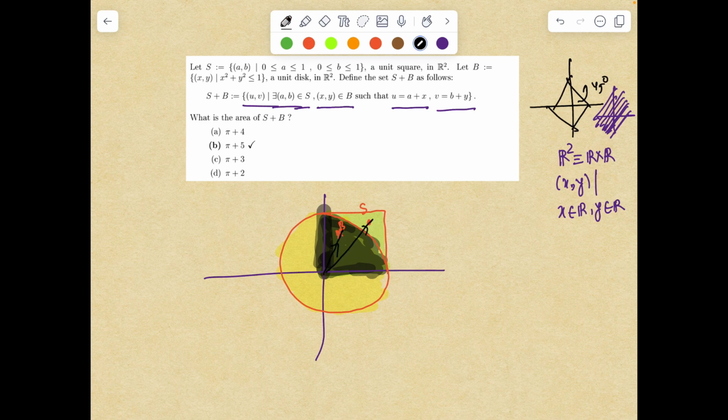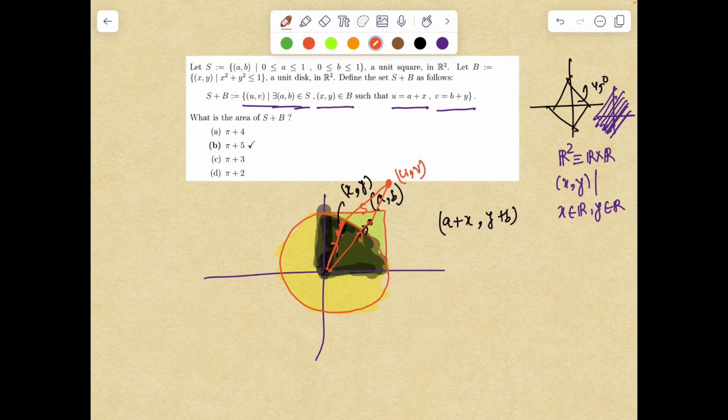The reason being, the coordinates of S, let's say it is (a, b) within the square, and for the circle let's call that point (x, y). If I add, the u coordinate will be the addition of the x coordinates, a plus x, and the y coordinate will be y plus b. That's nothing but, by the law of parallelogram, the sum total of these two lengths. So if I add these two lengths using a parallelogram, I'll get this new point (u, v) over here.